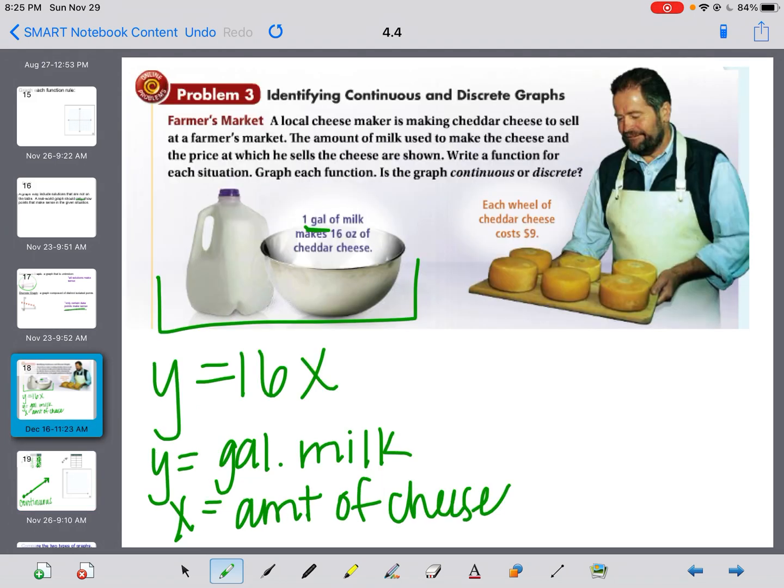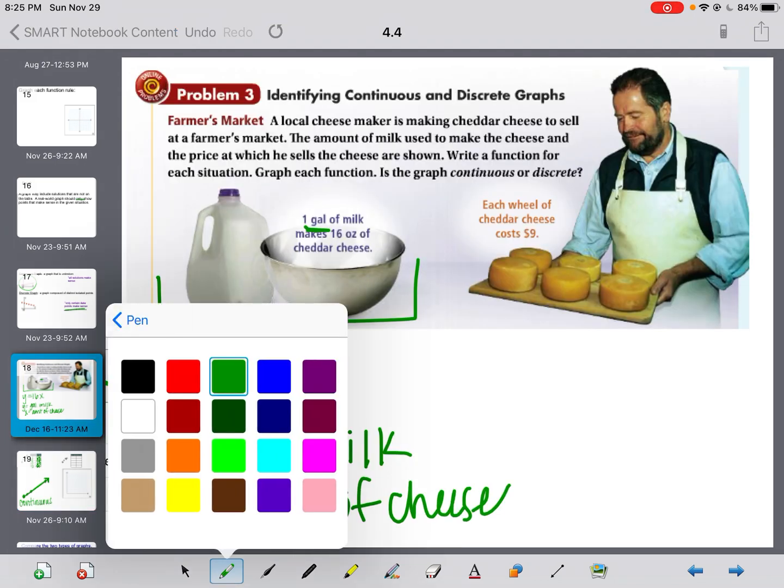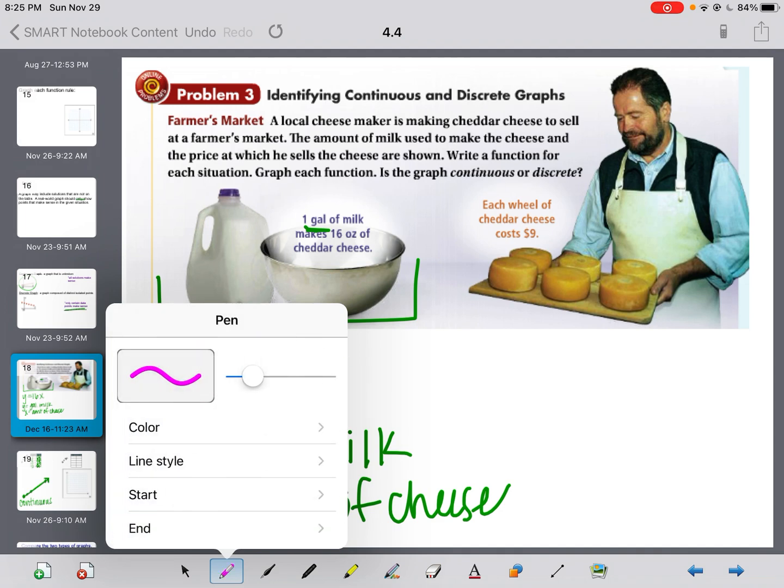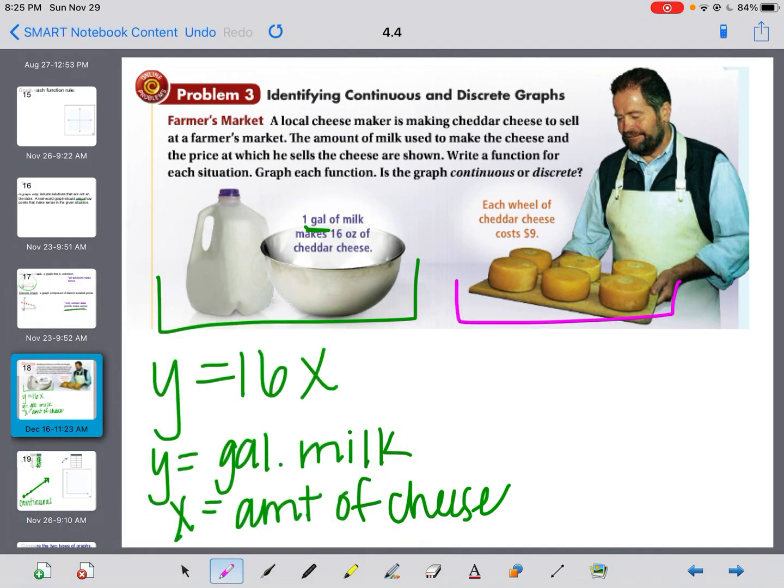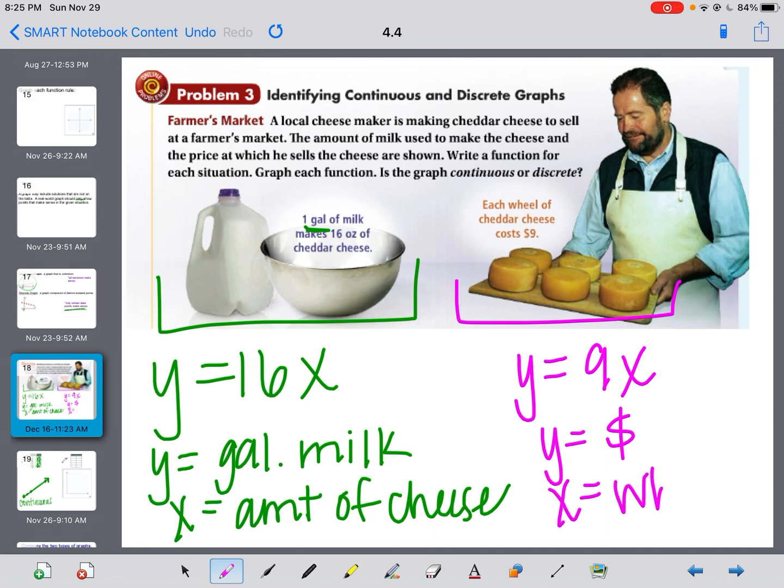Okay, if I'm talking about him selling his cheese, he makes these wheels, and each one costs $9. So my equation for that one is going to be y equals 9x. My y is going to be the total amount of money that he's going to make when he's selling these, and the x is how many wheels of cheese.